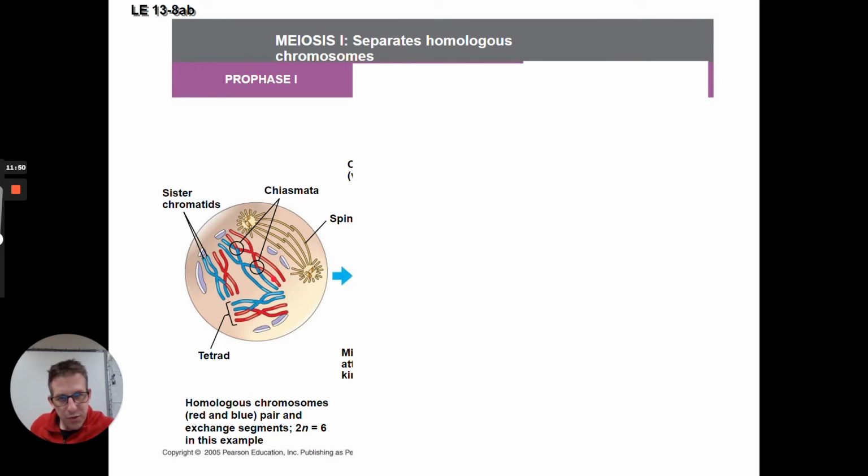And we also see happening here, I can't zoom in real well, but if you can zoom into this spot right here, this circle, you'll notice that the legs of the chromosomes, or the sister chromatids, kind of cross over each other. And what they do is they will physically snap the chromosomes off of one another and then exchange arms, okay?